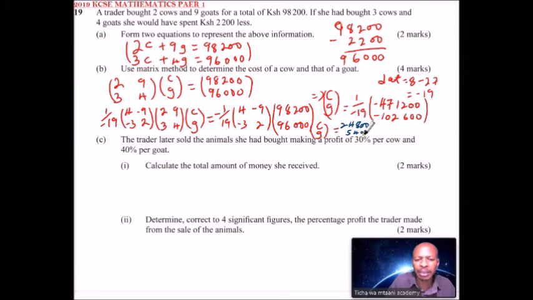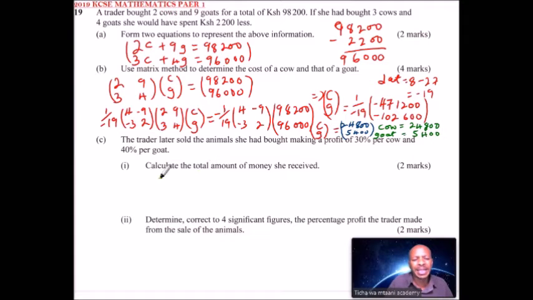You use your calculator. So it means the cow was going for 24,800, and the goat was going for 5,400. So that's how you do that.